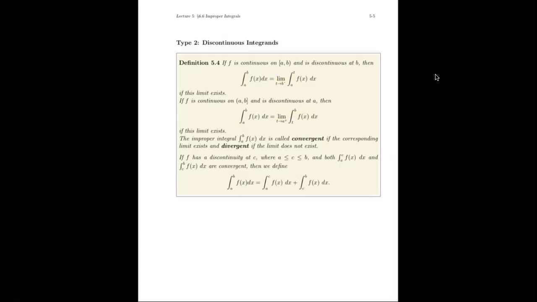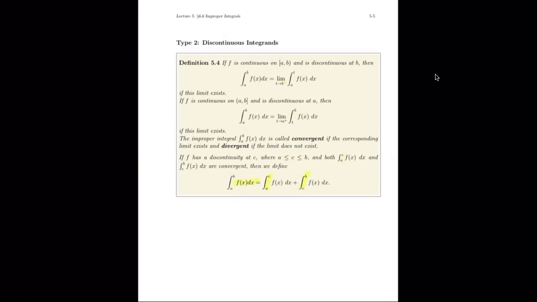Okay, if f has a discontinuity at c, and c is between a and b for some integral, then how we deal with this is we split it up. We go from a to c for this portion, and then we go from c to b for this portion. And from a to c we have an integral, and from c to b we have an integral. And together that makes up the overall integral from a to b.